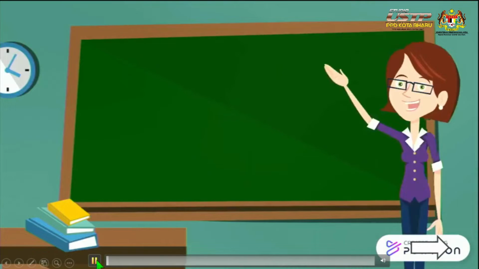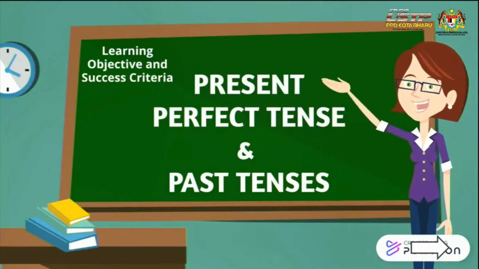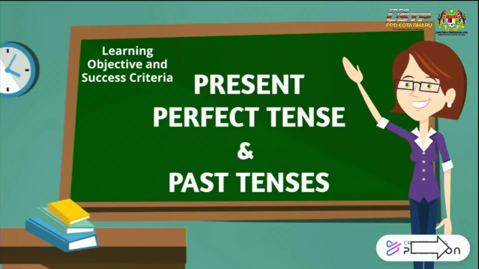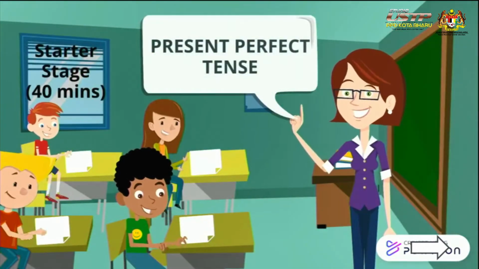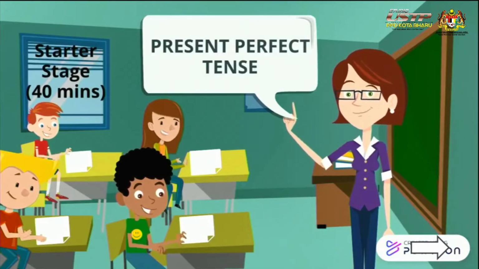Hi everybody, our lesson for today is present perfect tense and past tenses. First, the teacher says the learning objective and success criteria, which are displayed at one corner of the whiteboard. For the starter stage, the teacher teaches present perfect tense to the pupils.